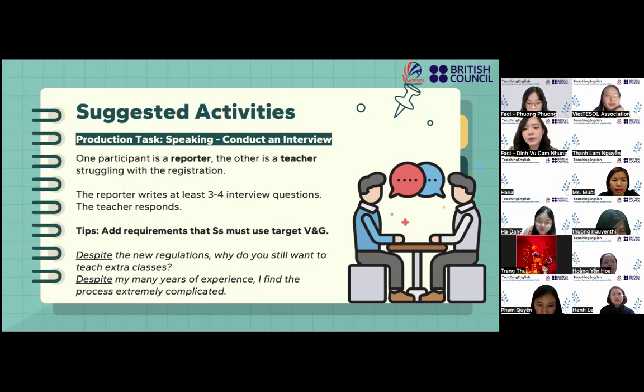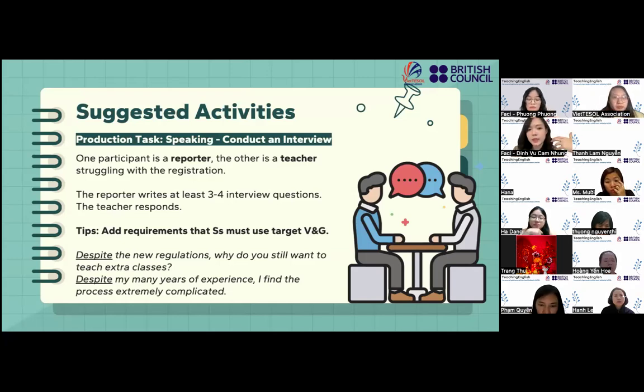So the tip here is to add requirements that students must use target vocabulary and grammar. Usually when we teach a reading lesson, it's not a stand-alone lesson. It's always preceded by another lesson, maybe one where they have learned target vocabulary or a grammar skill. So for example, just now I focused on the grammar point despite.